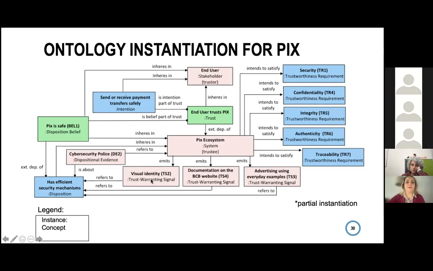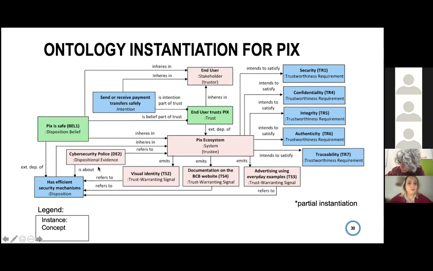It's a way of making uniform the use of the system. The documentation, advertising, using everyday examples, so they make targeted advertising for the users, and also explanations. They post videos to explain the system and to reassure people in face of some concerns that people have on privacy and so on and so forth.